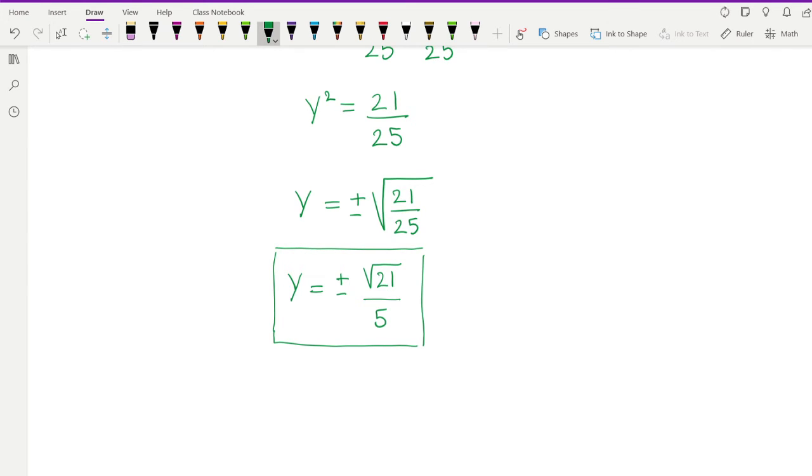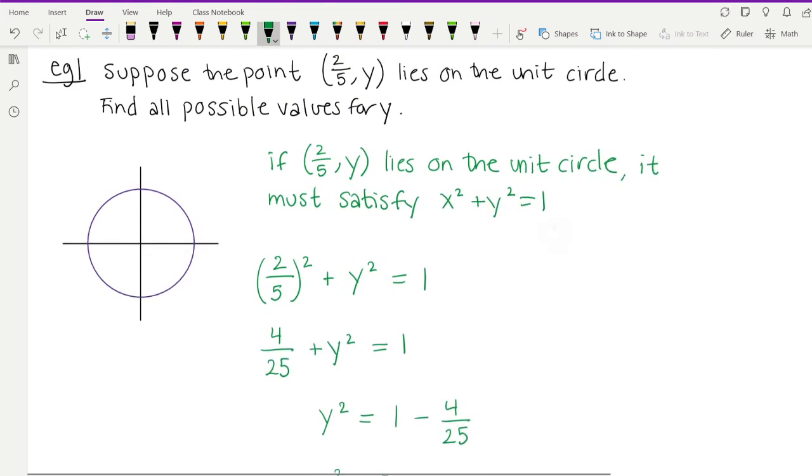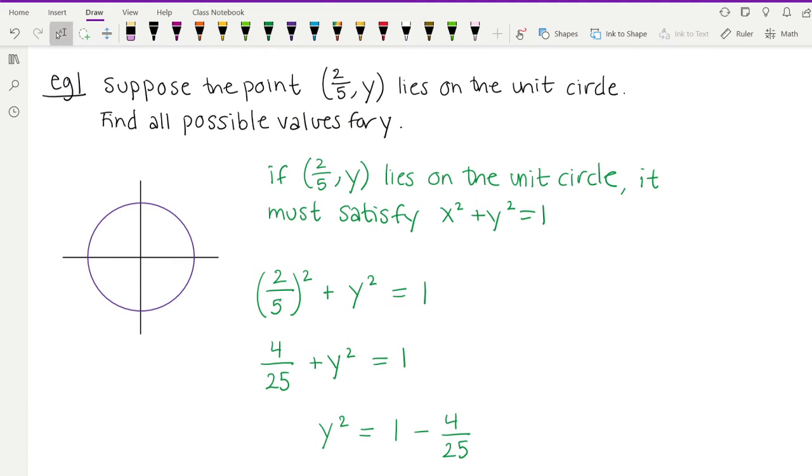And I want to just show you a picture to think about why this is the case. So going back to the original information that was given to us, we were told that the point 2/5 comma y lies on the unit circle. So let's try to estimate where that point would lie. Remember that this point here is the point 1, 0.